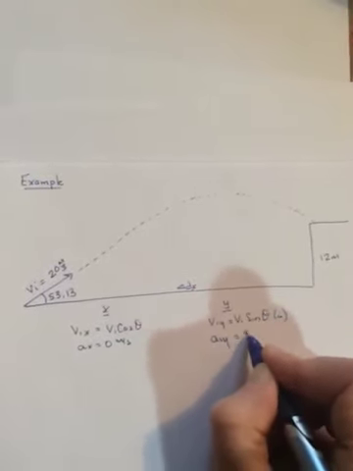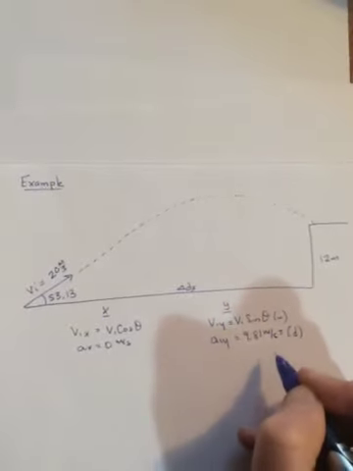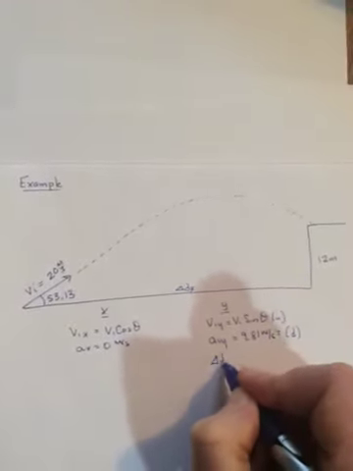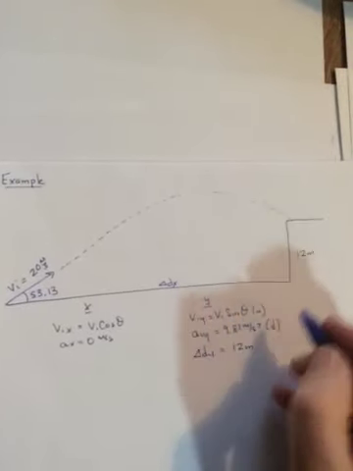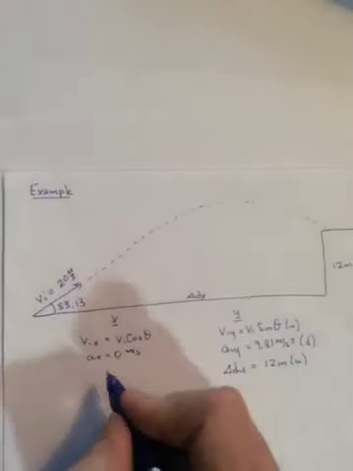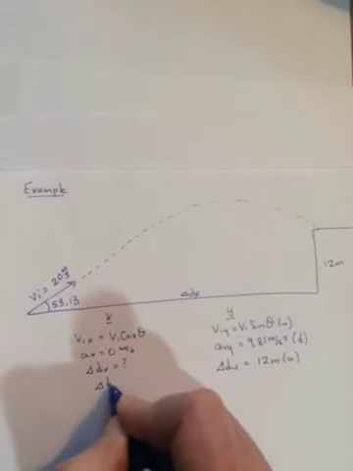And Ay will be 9.81 meters per second squared, and it will be down. And our delta dy is 12 meters this time, but it's up, okay? So we're looking for delta dx, and we don't know our time.